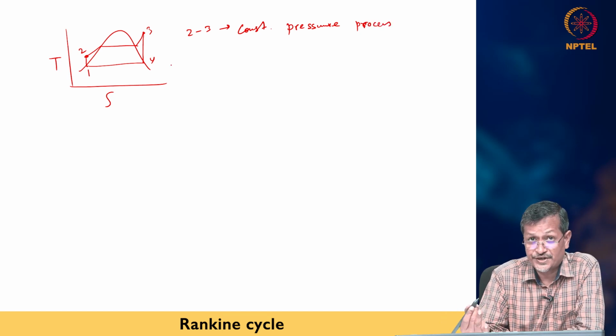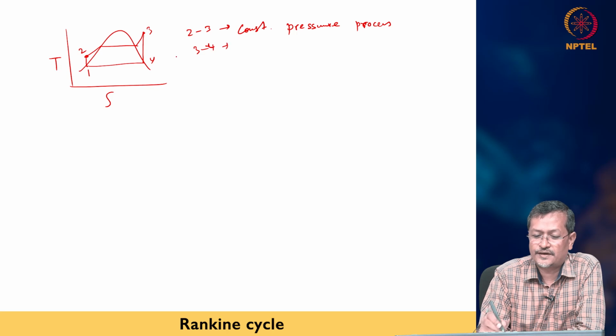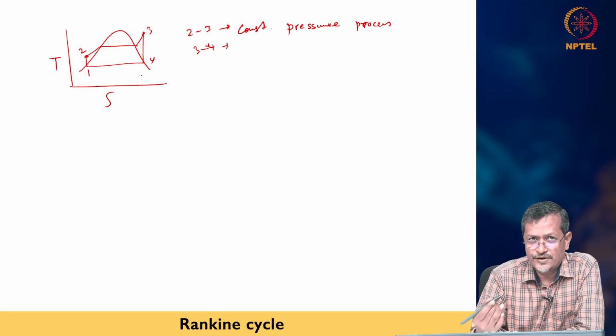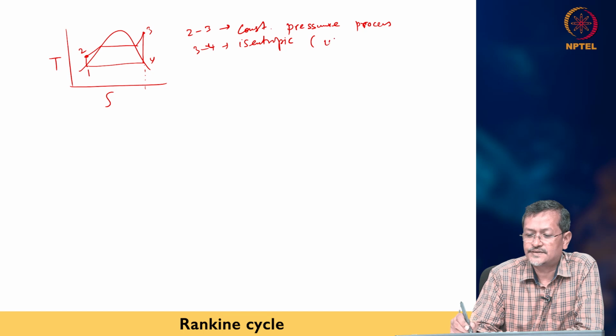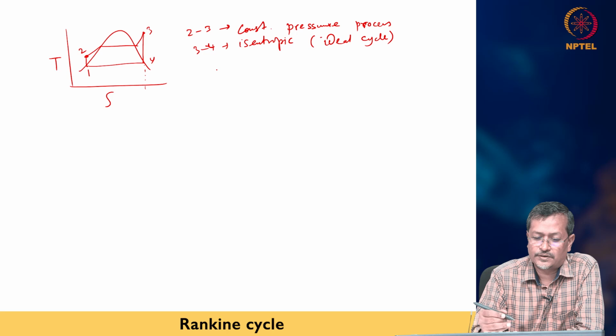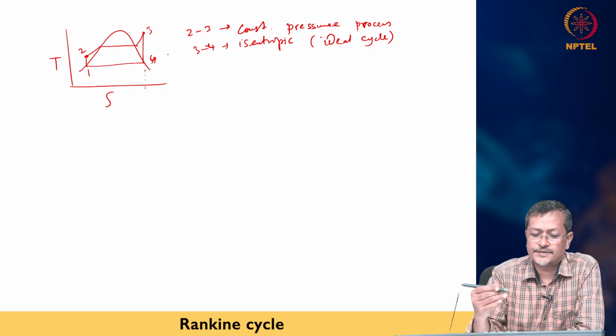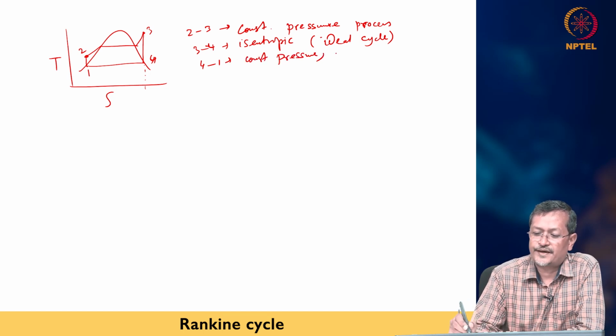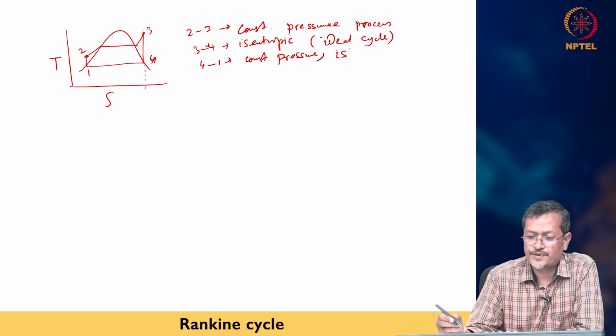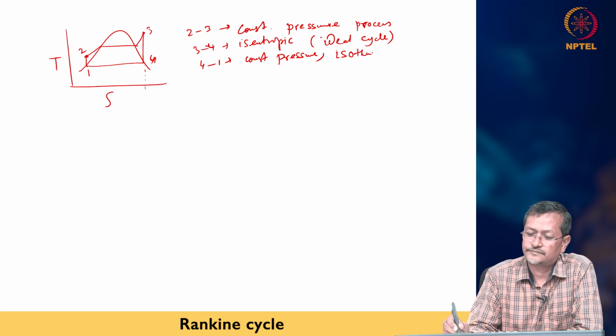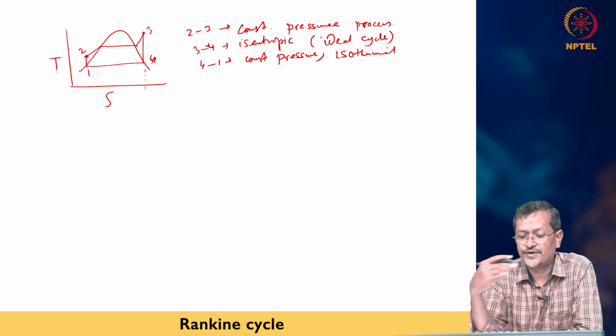And 3 to 4, pressure is getting changed. For the ideal cycle, entropy is not changing, so you can see it is completely vertical, isentropic. Then 4 to 1 is again a constant pressure process, and also isothermal, the same temperature is maintained, because during phase change the temperature does not change.